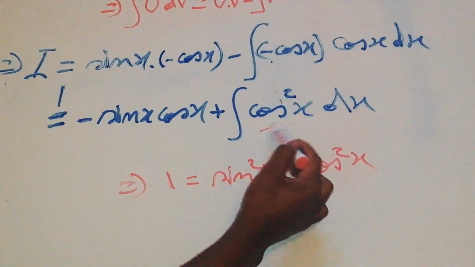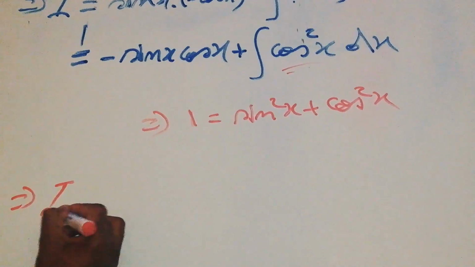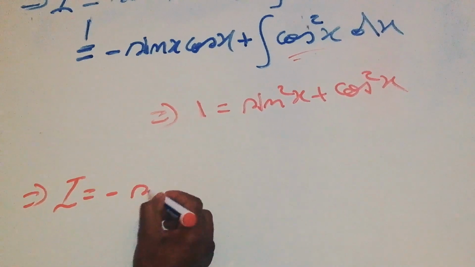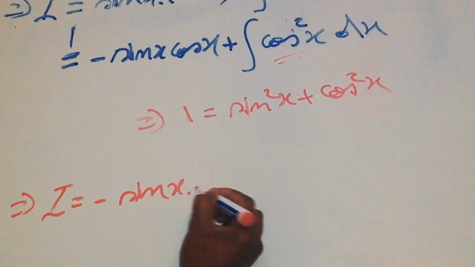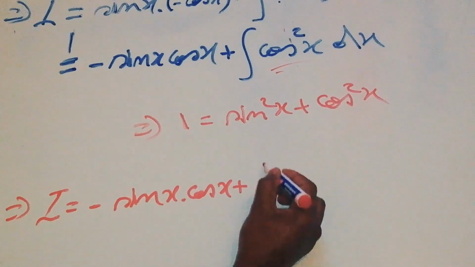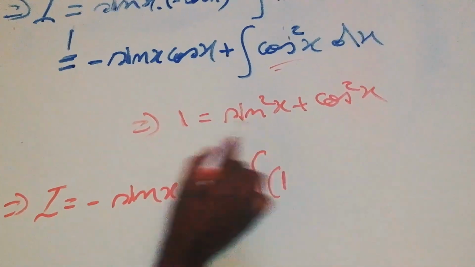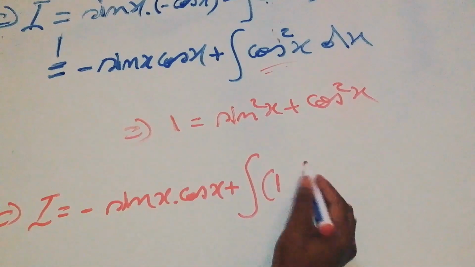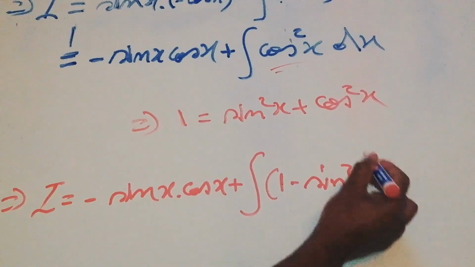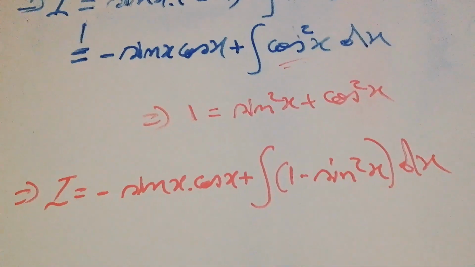So that's what we're going to use there, which will imply that our integral is equal to minus sin x times cos x, plus the integral of 1 minus sin squared x dx. Okay, so we have that part over there.